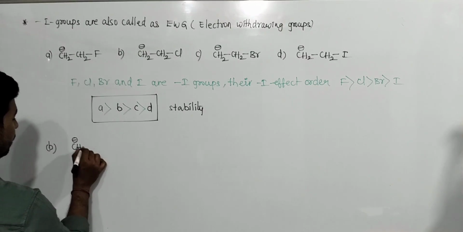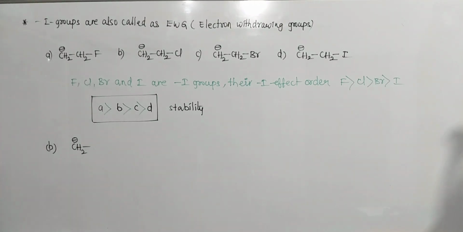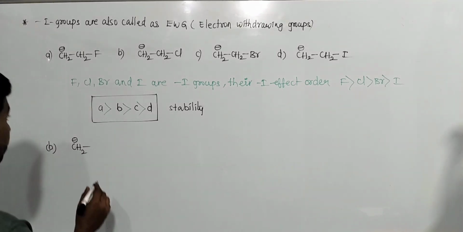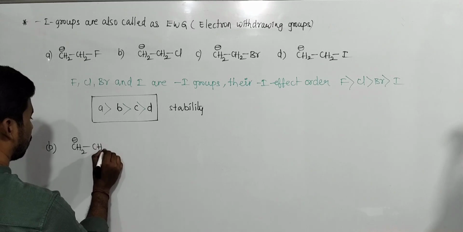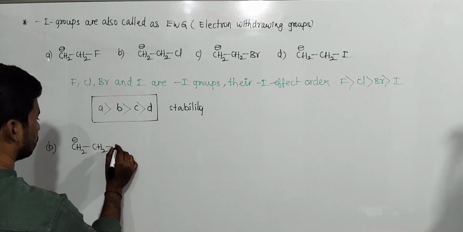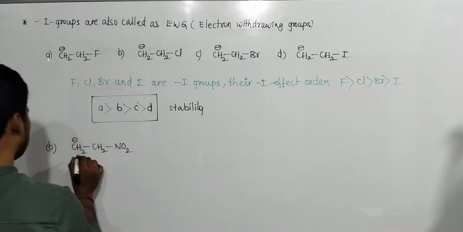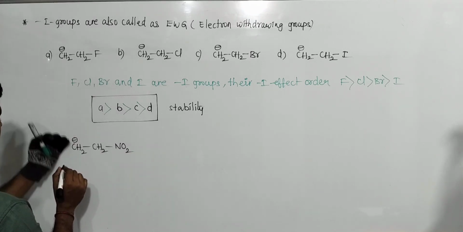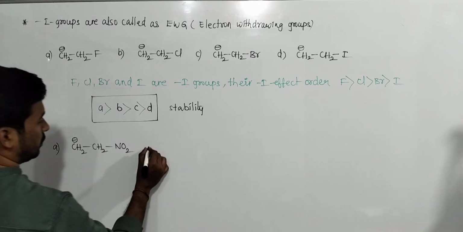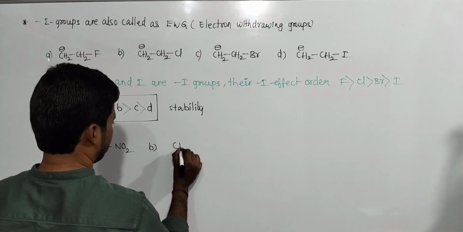Next example. CH2, CH2NO2. This is A molecule, B molecule, CH2.